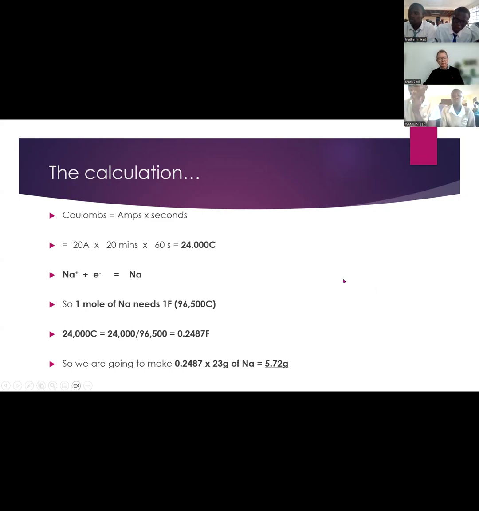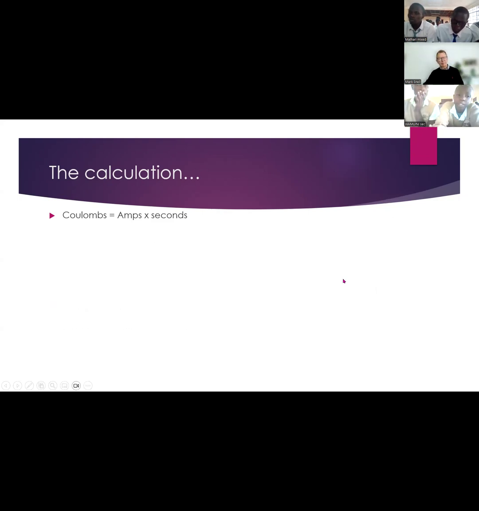Let's just look at it again. We work out the coulombs. Coulombs is the amps, 20, times 20 minutes, times 60, which is 24,000 coulombs.